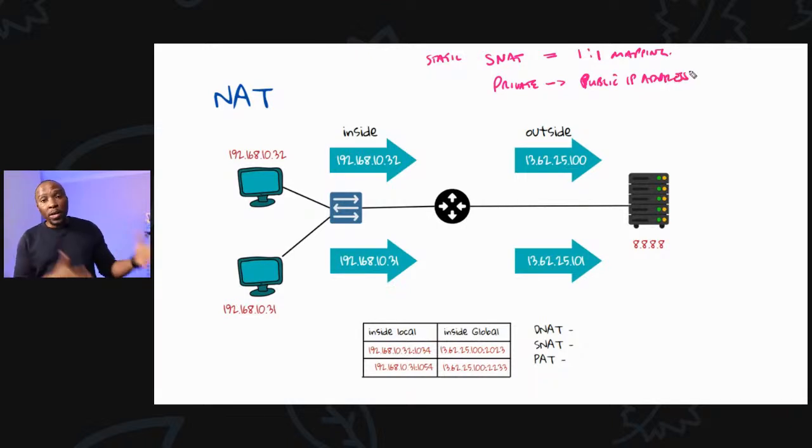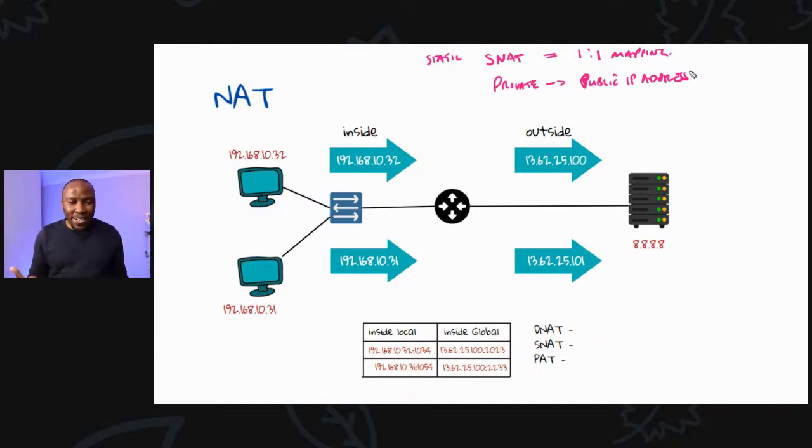So if you've got 200 computers that need to talk to the internet, you're going to need 200 public IP addresses. Now, this is not practical because we don't have so many IP addresses to be able to issue out to everyone. Remember, the whole concept of private IP addresses was trying to solve this particular issue.